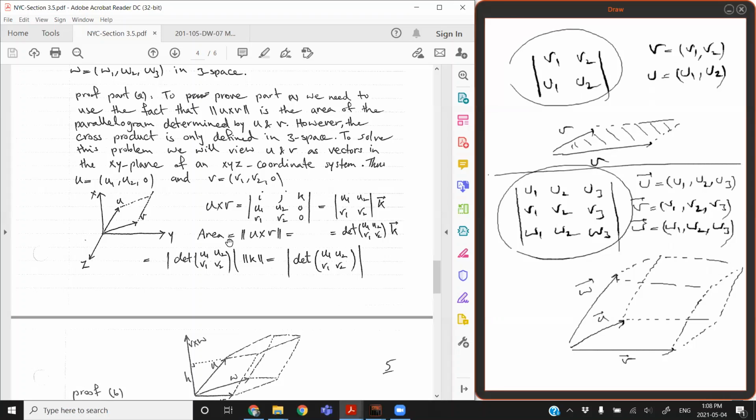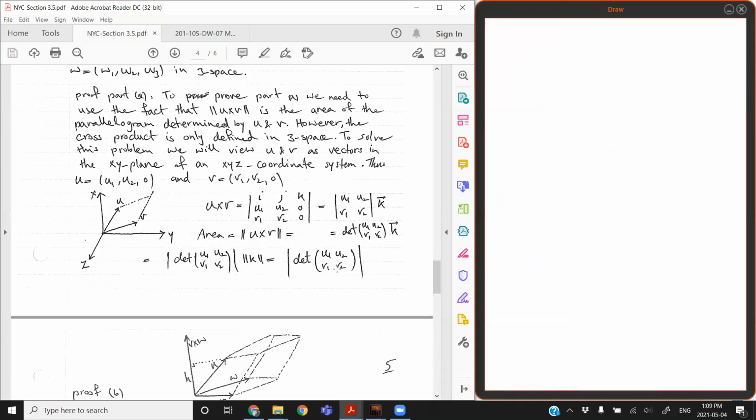Yes? So area is equal to the norm of the cross product. And the cross product is the determinant of this matrix times k. The norm of that is going to be the absolute value of the determinant times the norm of k. But we know k is a standard unit vector, so the norm of that is going to be 1. So it's equal to that.